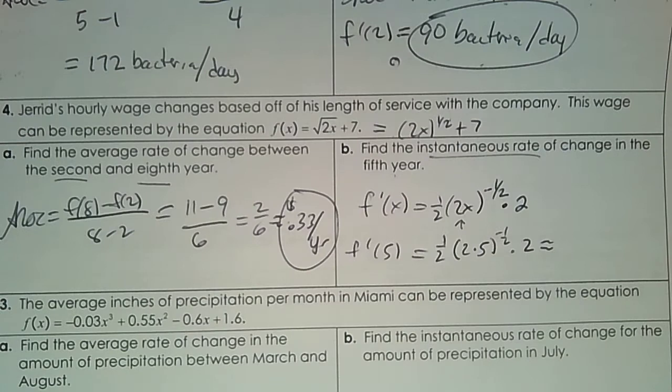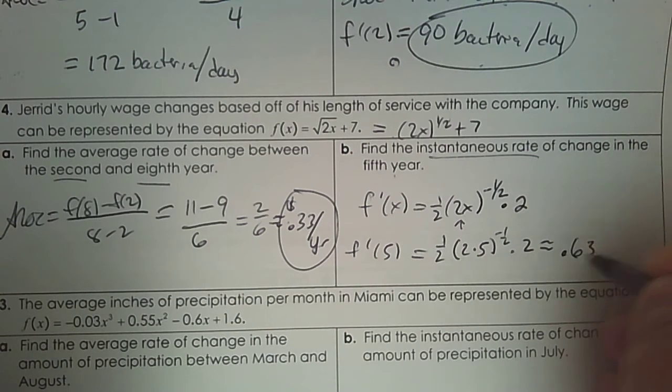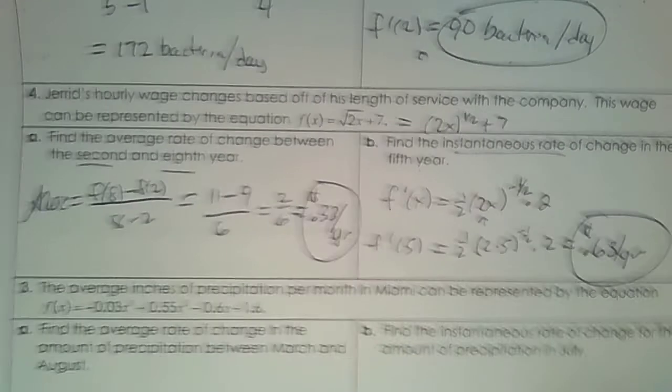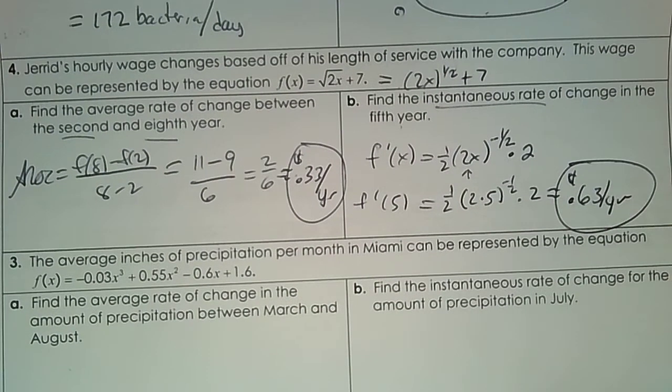So it's 0.5 times 2.5 to the exponent negative 1/2 times 2. So the answer here is 63 cents per year. So exactly during the 5th year, the rate in the 5th year is 63 cents per year.